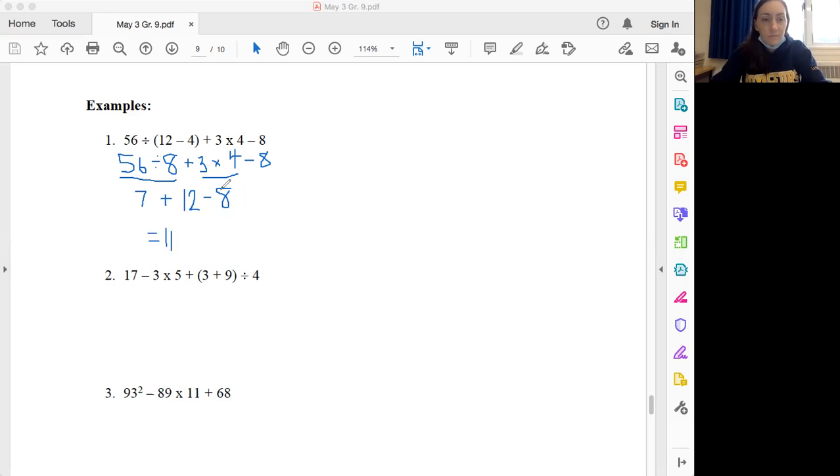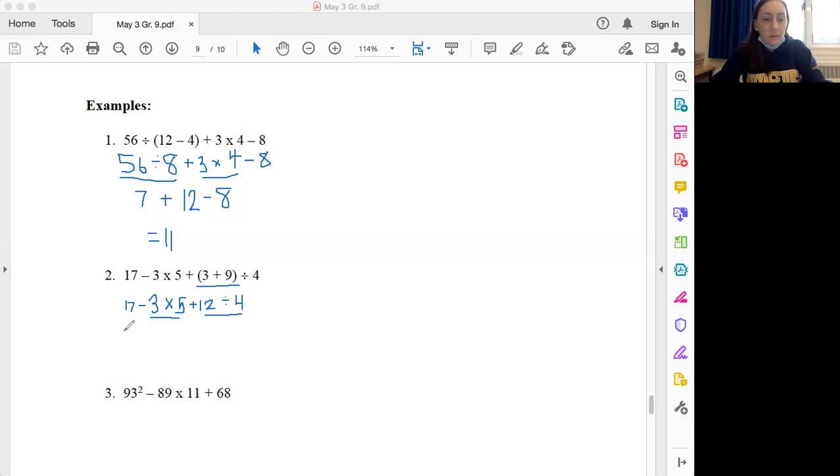Okay. We're going to do the same thing for number 2 here. So our first thing that we want to look for is brackets. So there's brackets right here. So you rewrite everything outside the bracket. So 3 plus 9 is 12. Okay, our next is division and multiplication. So we have a multiplication here and a division there.